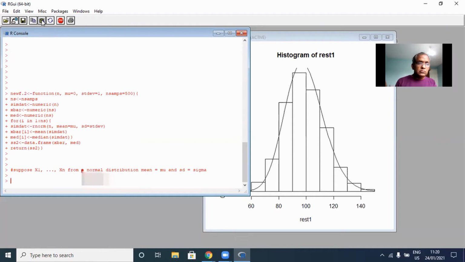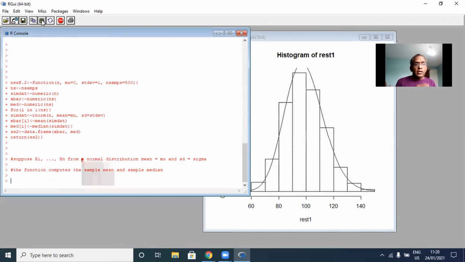The function computes the sample mean, which is the x bar, and also it computes the sample median. And so there are two values. So the sample mean is computed by this command here, and the sample median is computed by this command here.